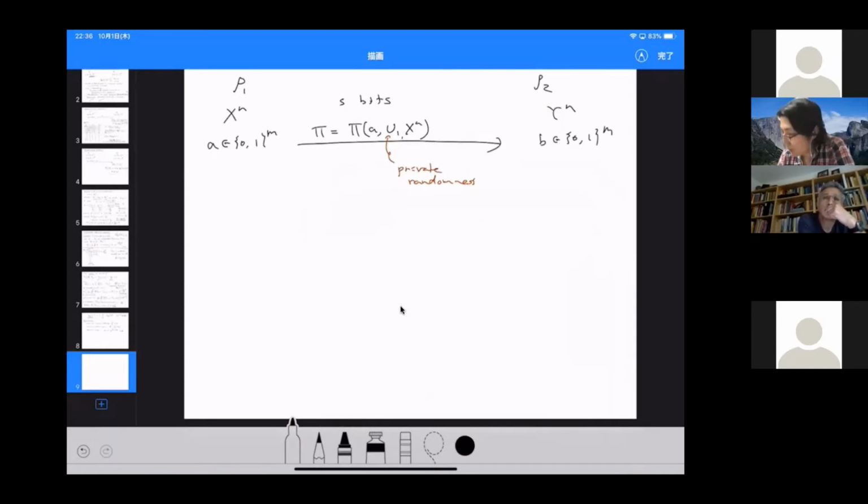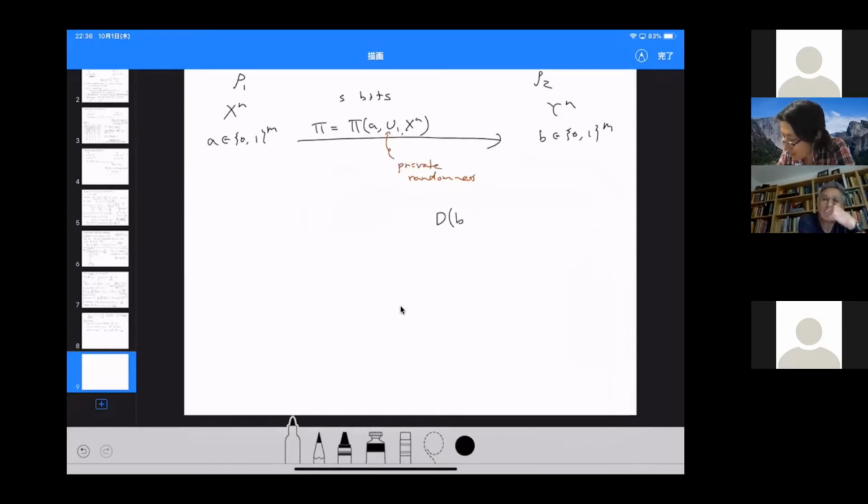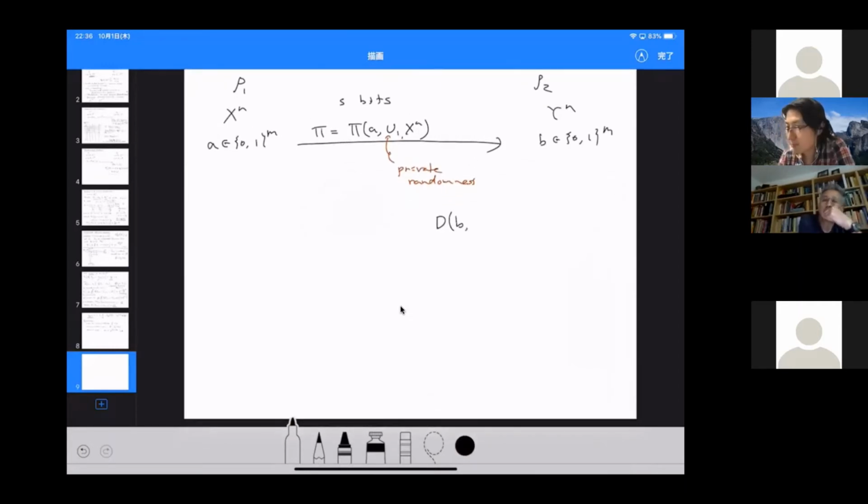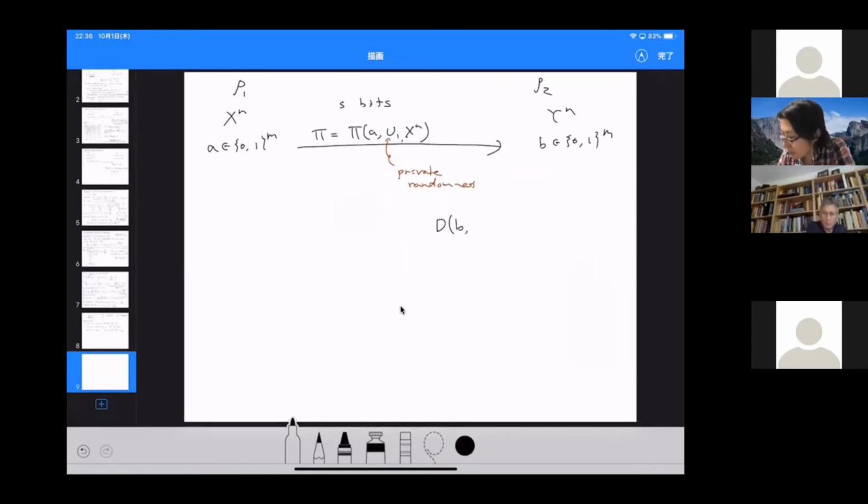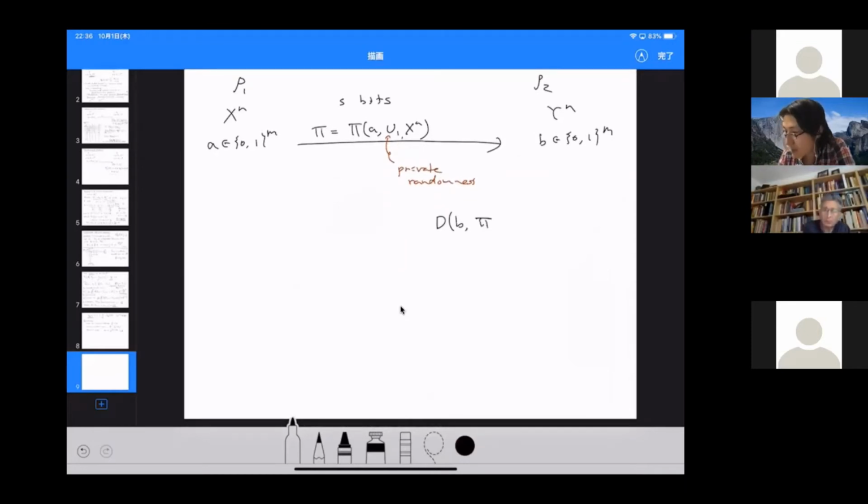And then P2 outputs something. So the output is based on his input and the message, and also his random variable Yn. And we want to bound the probability that the output disagrees with the output of the function.